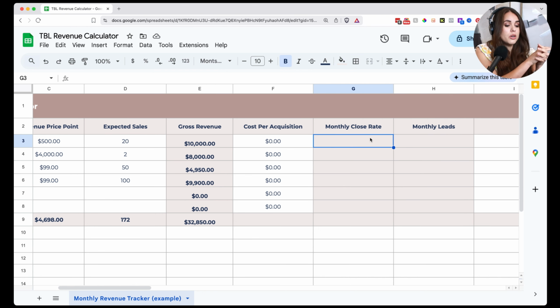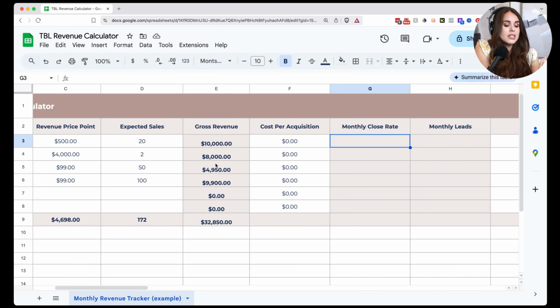But monthly close rate really comes down to how well you feel your website, your funnel, your sales conversations are actually closing, and how well they're converting, right?